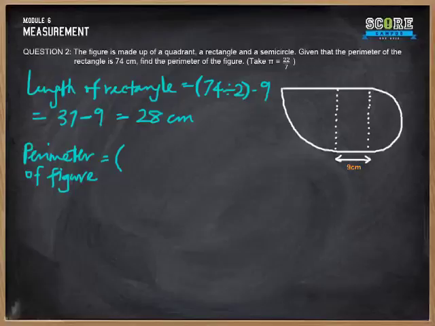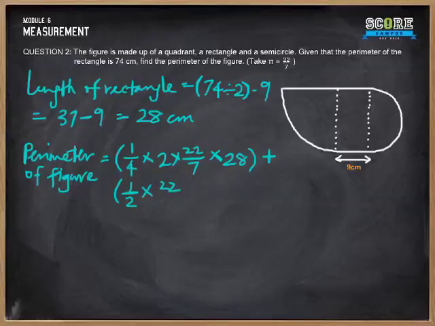So an arc of the quadrant would be 1/4 of 2 pi r, which is 1/4 times 2 times 22 over 7 times 28, plus, put that into a bracket, the arc of semicircle, which is going to be half. So it's going to be pi d. 2 pi r and pi d are the same thing, right? So it's half times pi d, 22 over 7 times 28. That is for the semicircle.